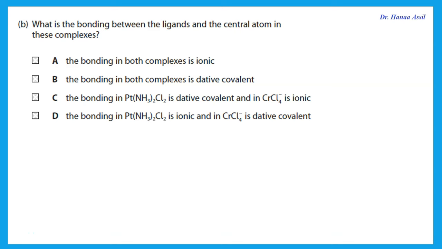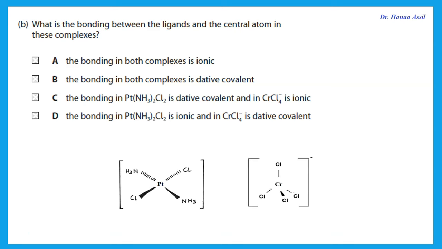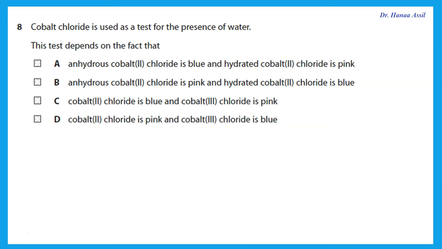What is the bonding between ligands and the central atom in these complexes? In any complexes, remember, the bond between the ligand and the platinum or the chromium, this is a dative covalent bond.